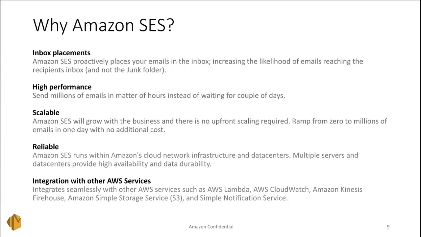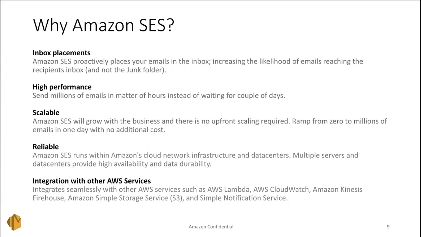For example, if you think about Amazon retail, the Prime Day promotions or the Black Friday promotions, they send millions of email. And think about the Netflix use case. When a show comes up, they have to send millions of emails to their customers, and they can scale up and scale down. And we don't see our platform as a limiting factor.